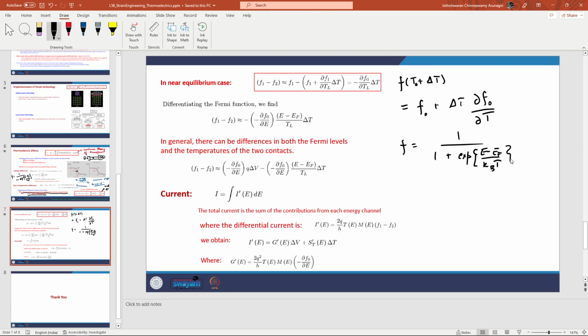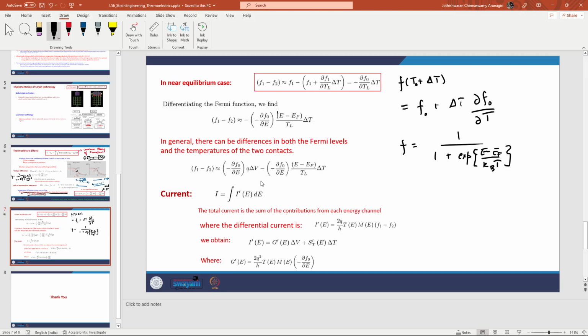Therefore, when we take the derivative of this, I will essentially have an E minus EF upon kBT term coming out before we take the derivative itself. So this factor will also be present. A 1 over T factor will also be present when we are writing the difference in the Fermi functions.